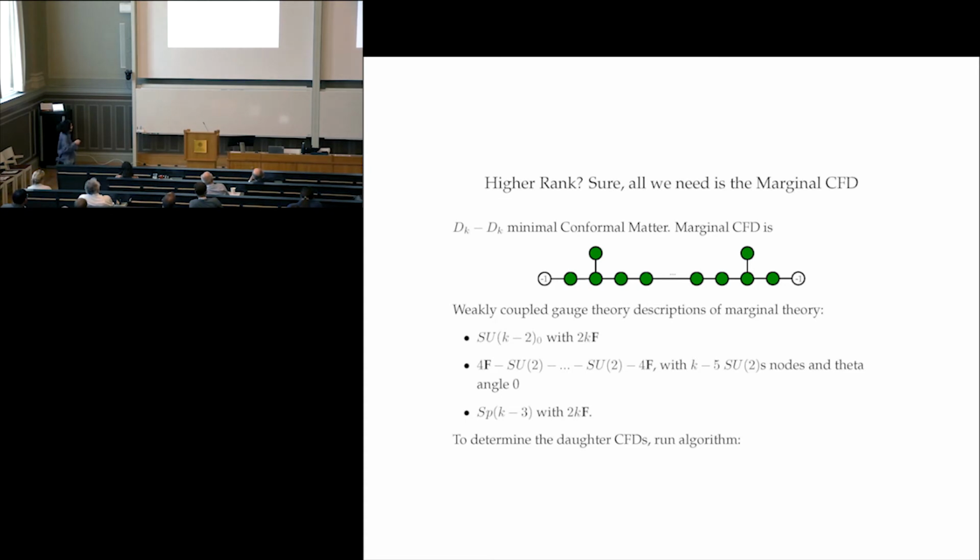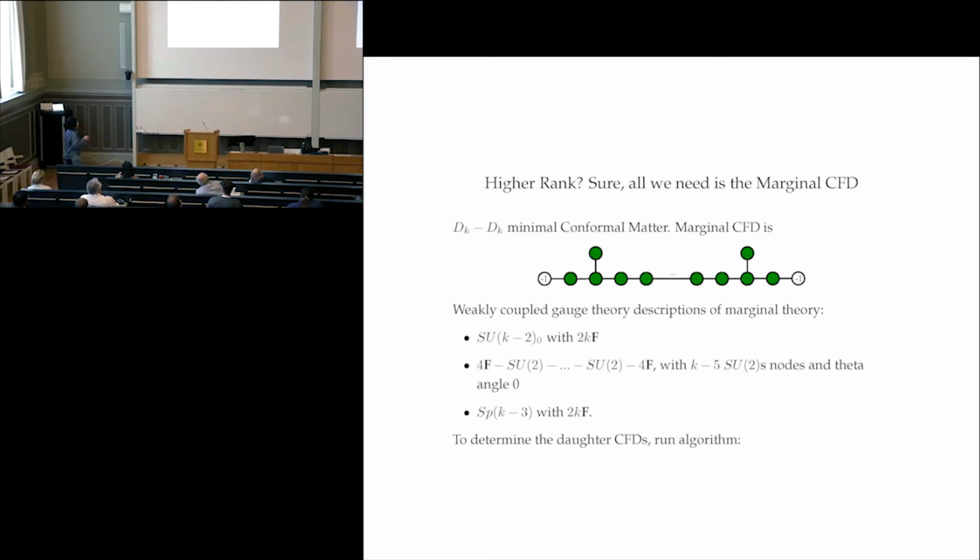So you have, as before, I showed you already the D5 case, but now this is just a D2K affine Dynkin diagram with -2 curves and then 2 -1 curves attached. That's the marginal CFD for these theories. Such theories have weakly coupled gauge theory descriptions as follows.